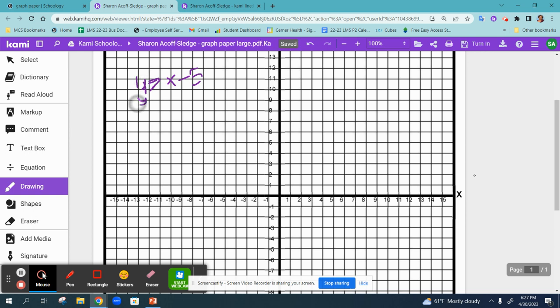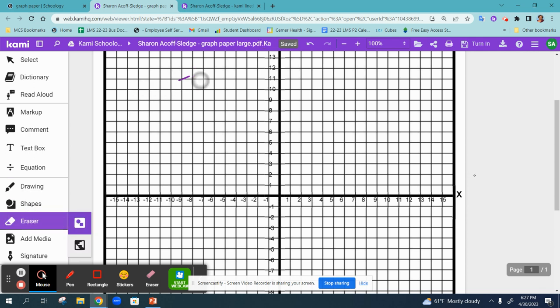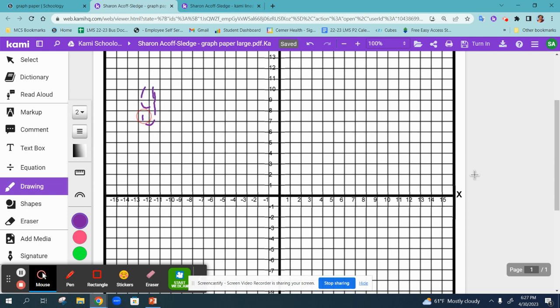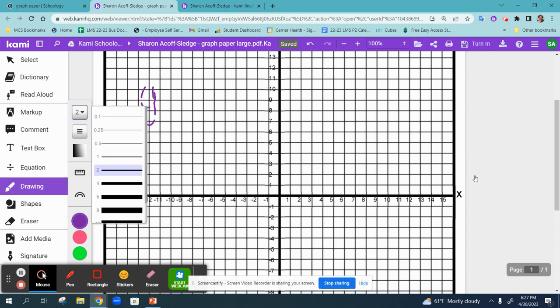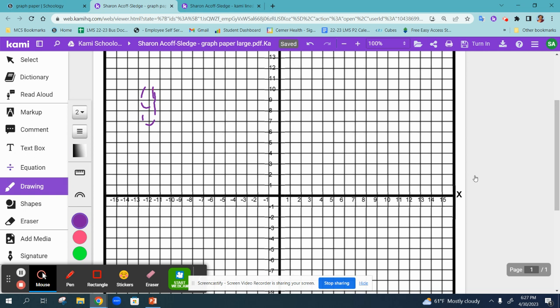So this one is y is greater. I don't know why my lines are still.